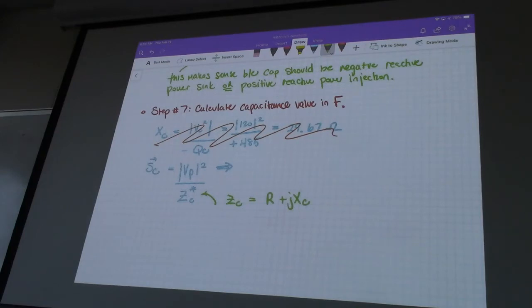I'm not able to do this. The answer is 29.67 ohms. When I post the notes online, I'll go and clean this up, but I'm going in circles here. I'm wasting time, so I'm going to make a note to myself. I'll make sure that it's more clear how to get that value.